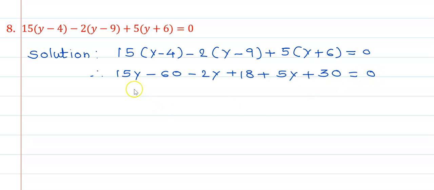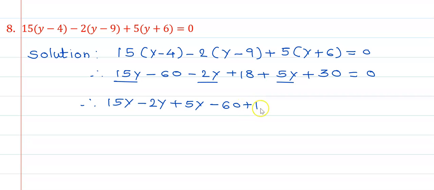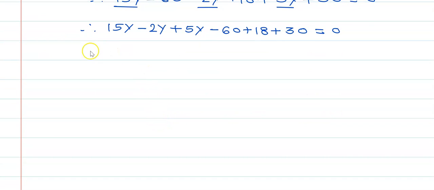Now collect the terms of y here, that is 15y minus 2y and plus 5y. Therefore we will write 15y minus 2y plus 5y. Next terms are minus 60 plus 18 plus 30, equals 0.